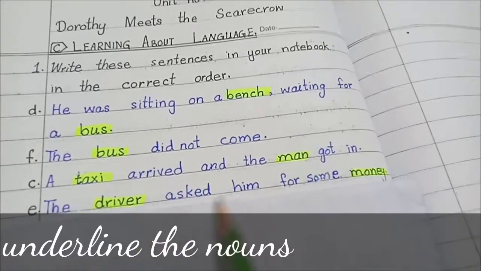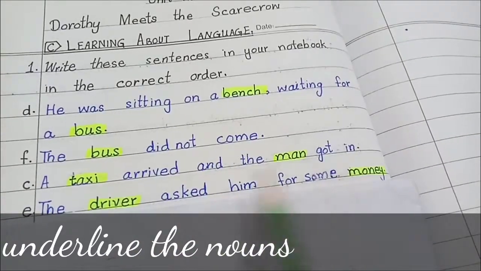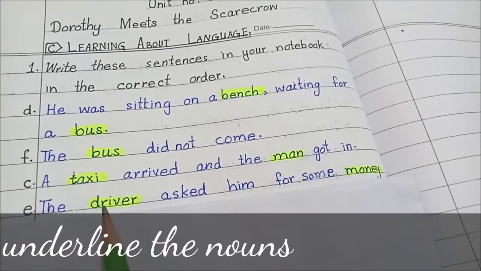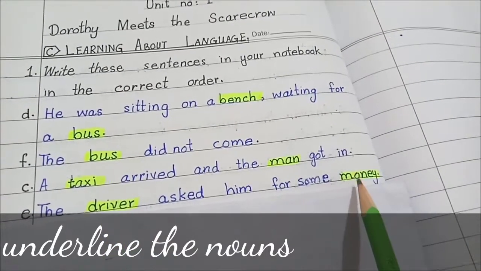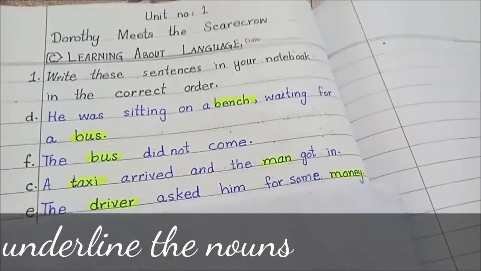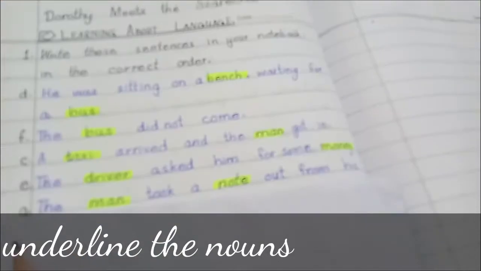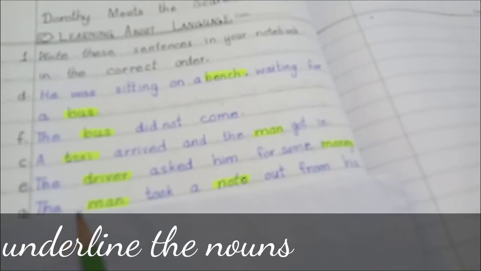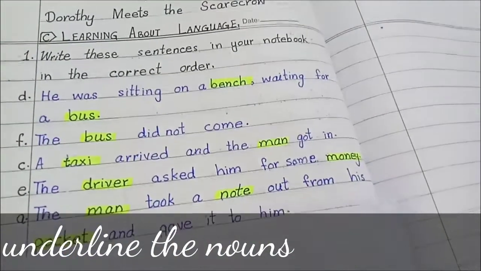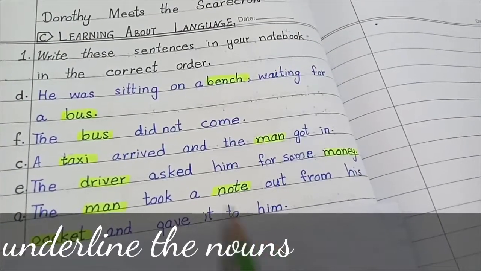The driver asked him for some money. Now you can observe that driver is the name of a person and money is a thing. So these both are nouns. The man took a note out from his pocket and gave it to him.